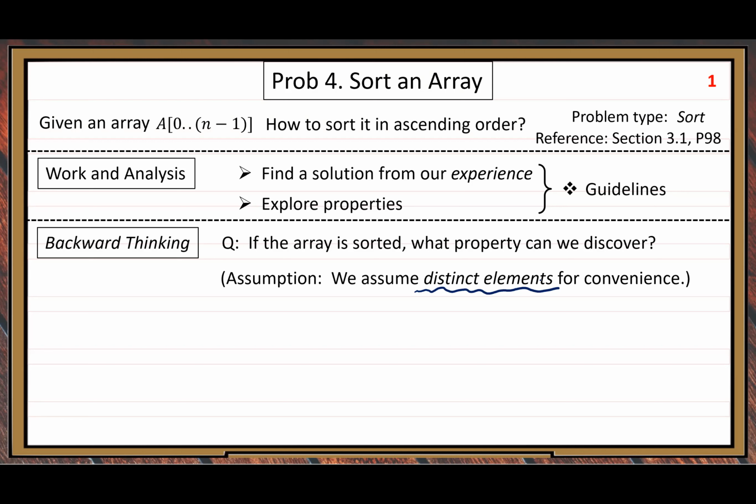You do not need to consider the equal case, where two elements could be the same. So you can reduce the discussion. After we find a solution for distinct elements, then we consider the general case. You only need to modify your solution slightly to include the general case.